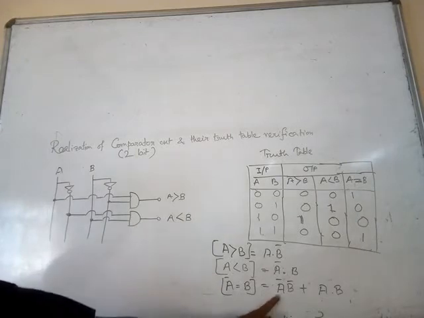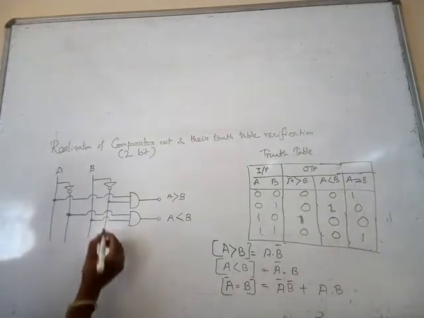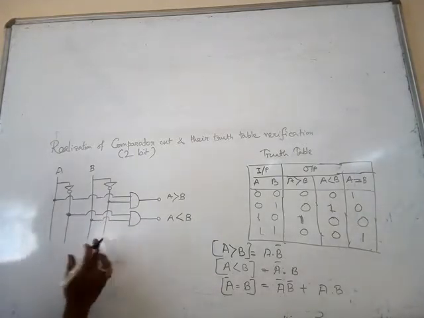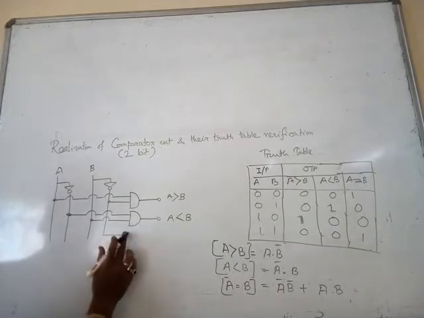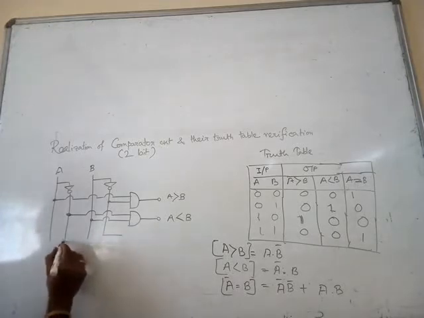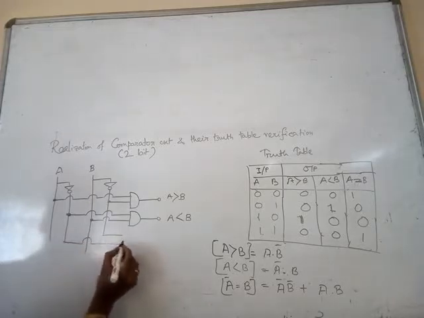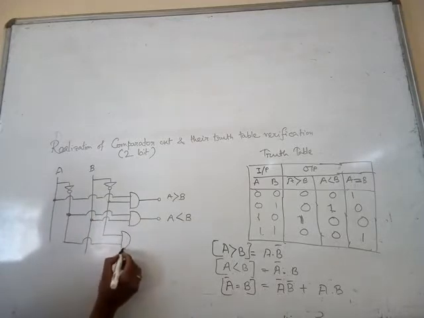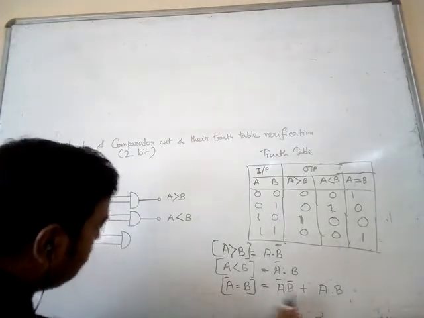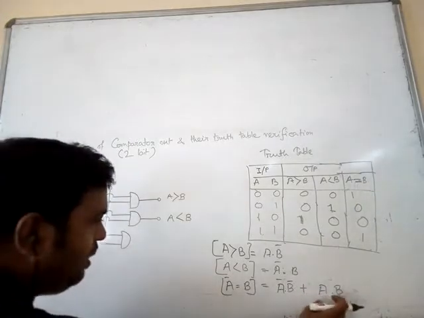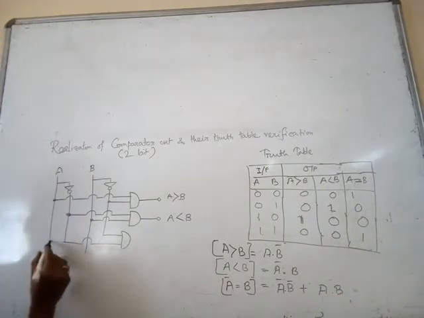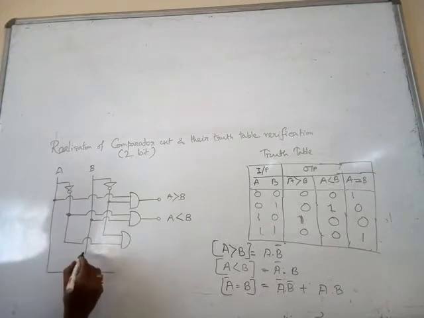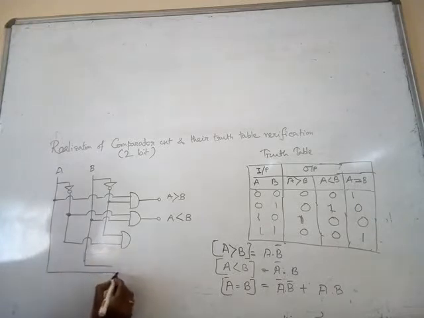Third case, first A bar B bar. This is A bar, this is B bar. Both go into an AND gate as a dot. Next A B. This is A and this is B. Both are going to another AND gate.